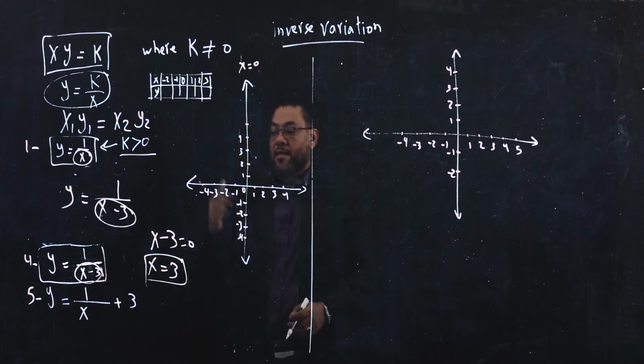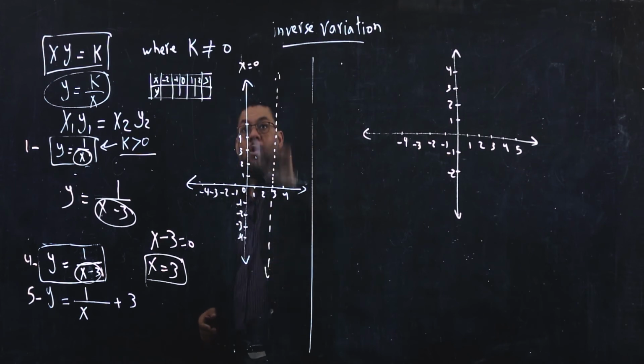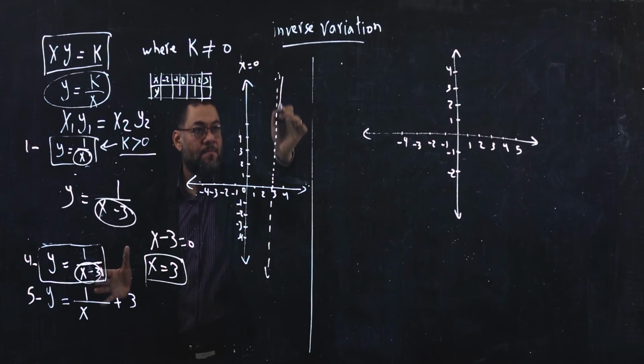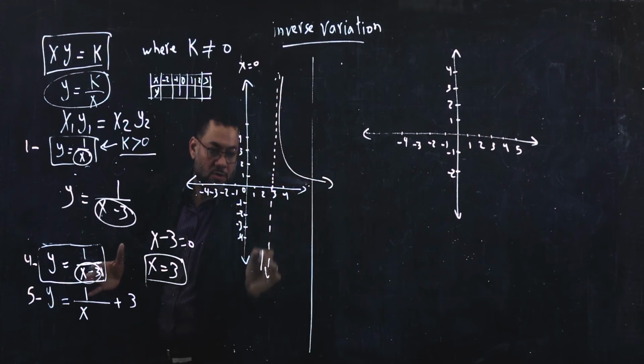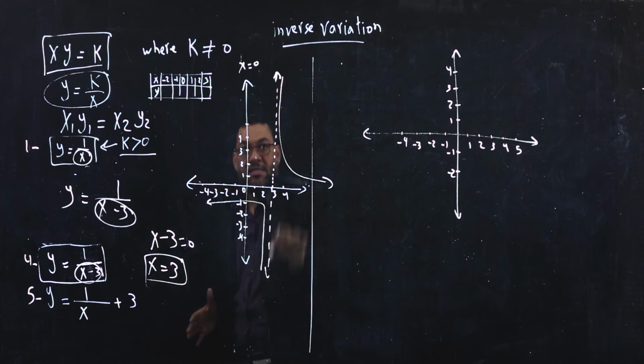So the vertical asymptote will be a straight line parallel to the y-axis that intersects the x-axis at 3. So our graph will be like this, because our graph can't intersect this line.